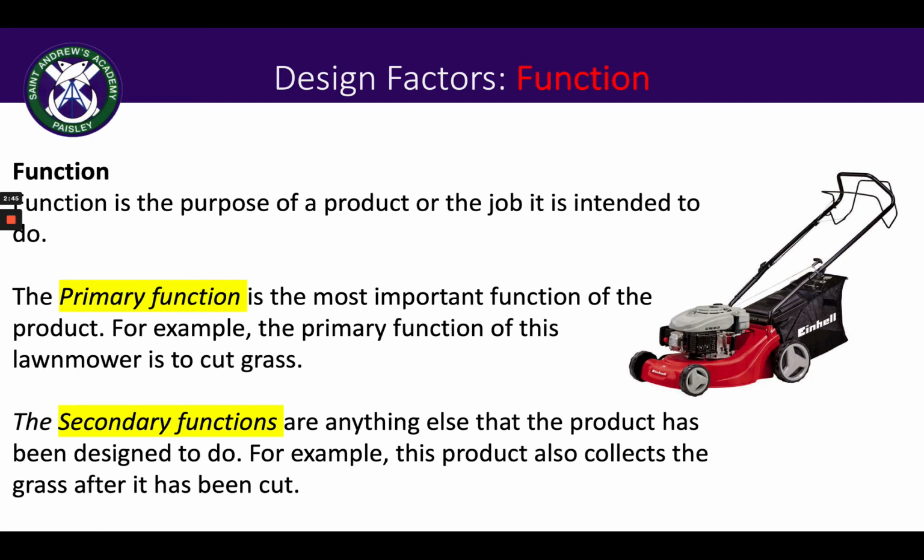Or a clock might be able to light up, or the clock might be able to play music. These aren't things that it has to do. These secondary things are added on so that people will want to use it. So that is the main difference between a primary function and a secondary function of what a product is. And you need to know the difference between the two of them.